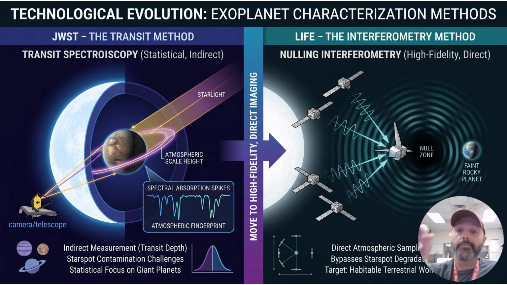So it will basically block out the host star, like putting your thumb over the sun, and you're able to see the atmosphere. You're blocking that light out, which will make our life a whole lot easier when we characterize these rocky planets.